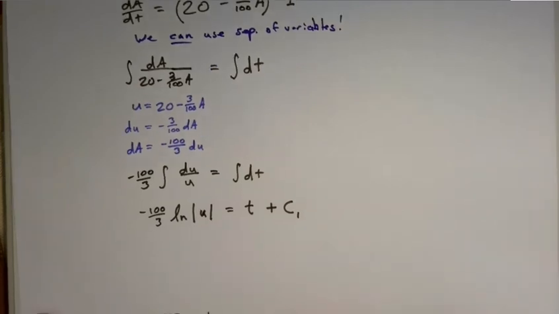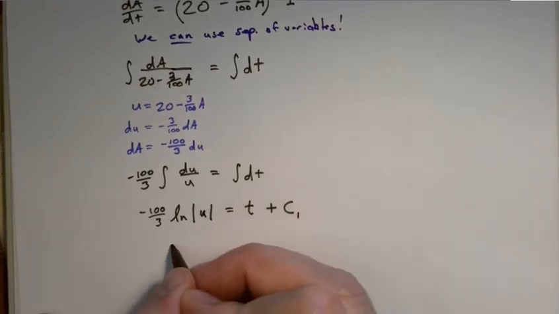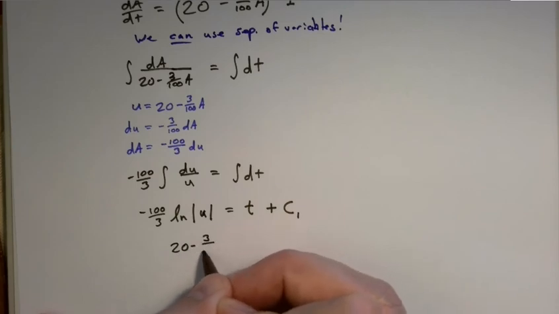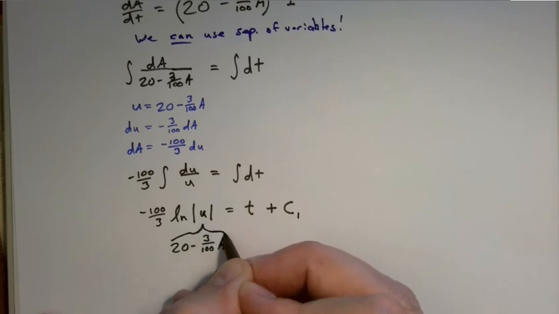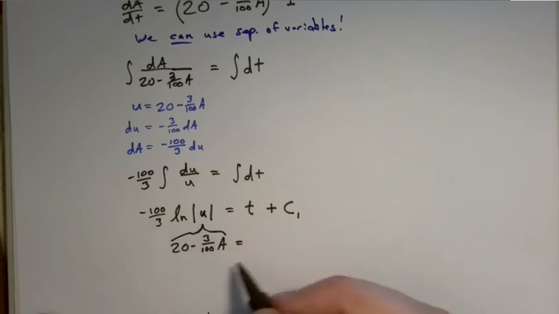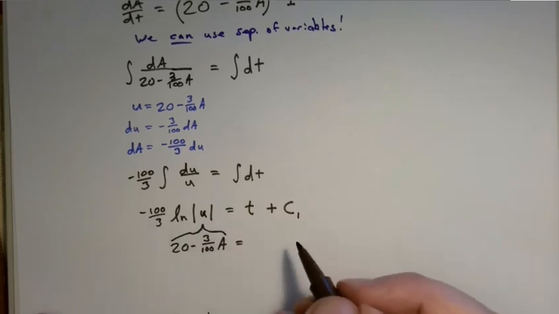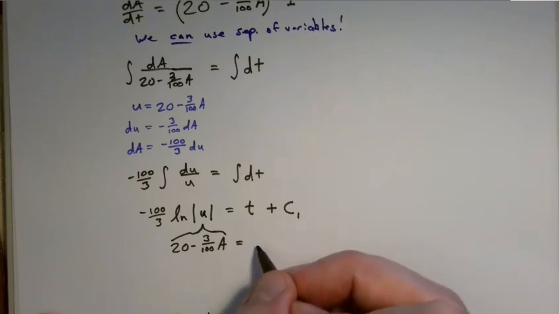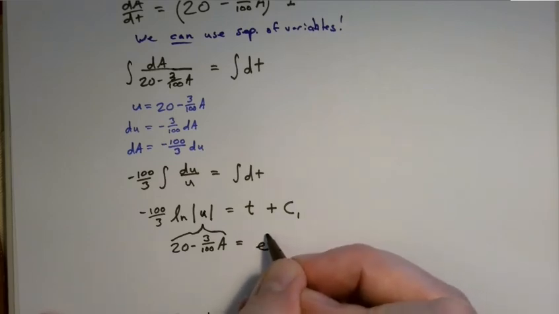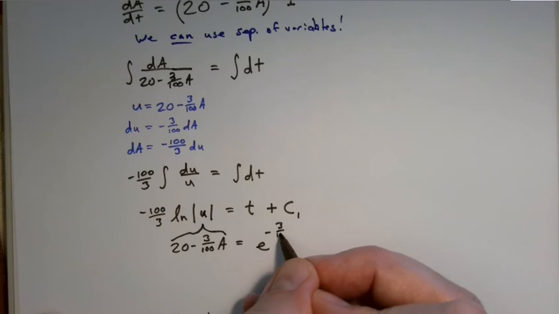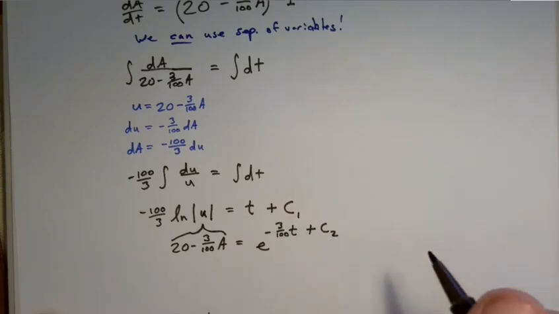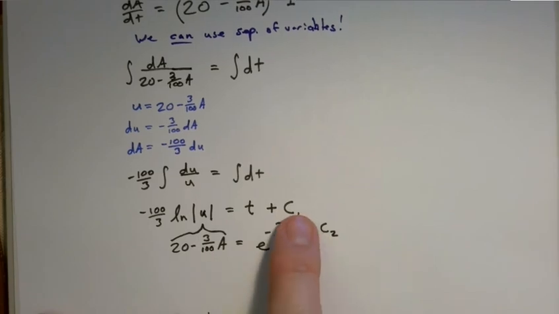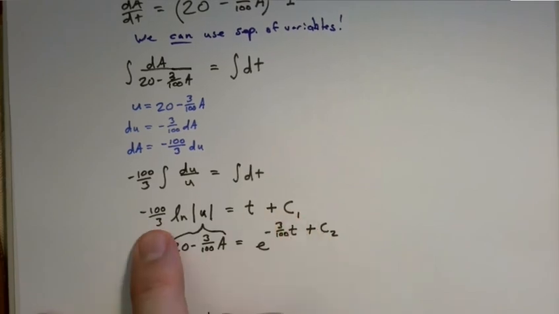And when we do that, we wind up with 20 minus 3 over 100 times A, that's the same thing as u, is equal to, with a little bit of algebra, e to the power negative 3 over 100 times t plus a second constant, which is C2, just C1 divided by this guy right here.